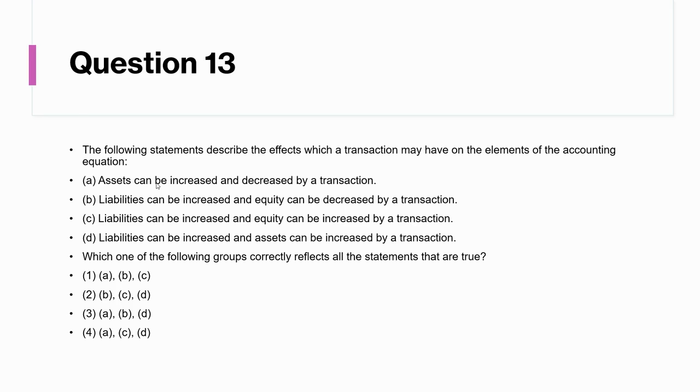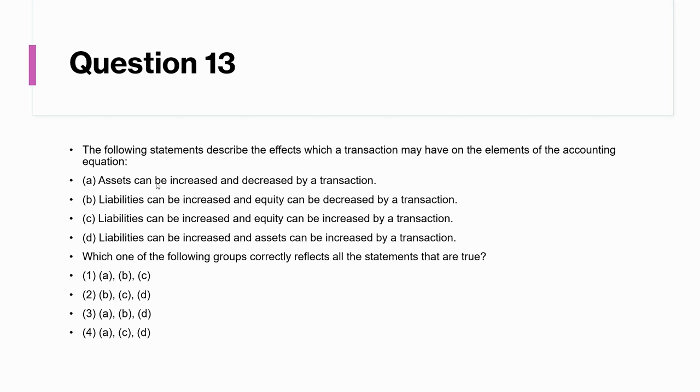An example where assets are increasing and decreasing at the same time is when you buy a car. Your assets will increase because you've got a vehicle now, but your bank balance is losing money, so another asset is decreasing.